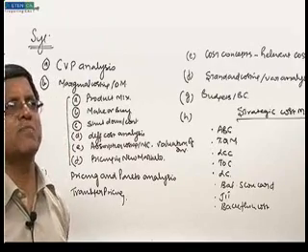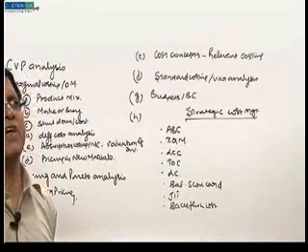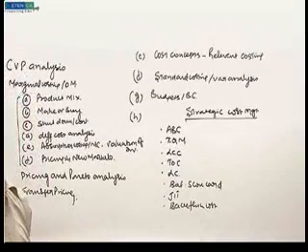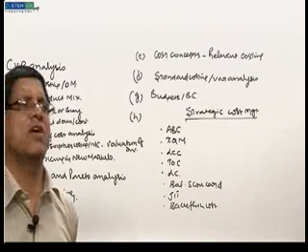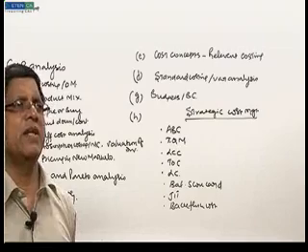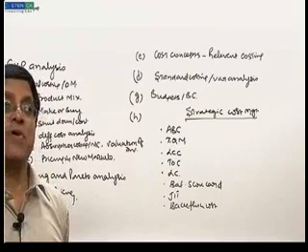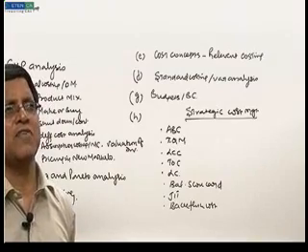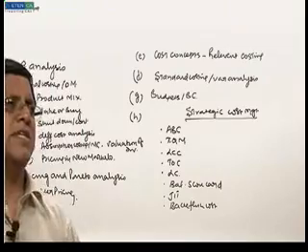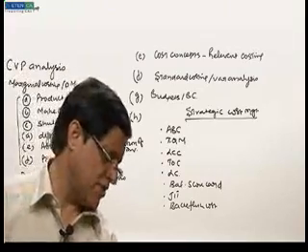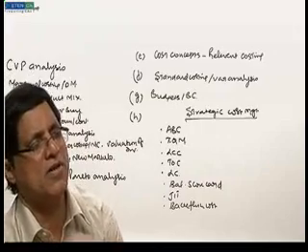Cost concepts, which is called relevant costing, and standard costing and variance analysis, budgets and budgetary control, strategic cost management, activity based costing, total quality management, life cycle costing, project life cycle, product life cycle, theory of constraints, learning curve, balanced scorecard, just-in-time purchase, backflush costing, etc. This is what we are going to take up.